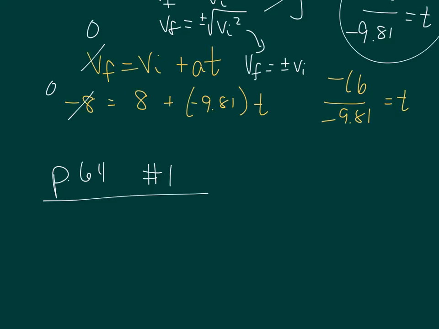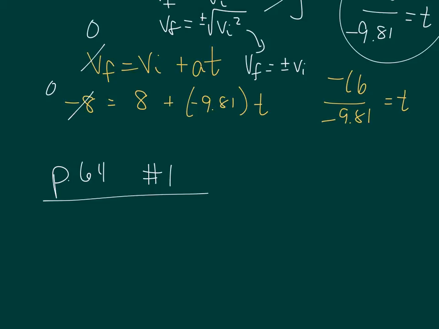Now, what about a problem like this? What if I tell you that it takes 10 seconds for an object on Jupiter, well, I don't know, Jupiter's gravity is 22.9, and I don't know what it's going to work out to be.